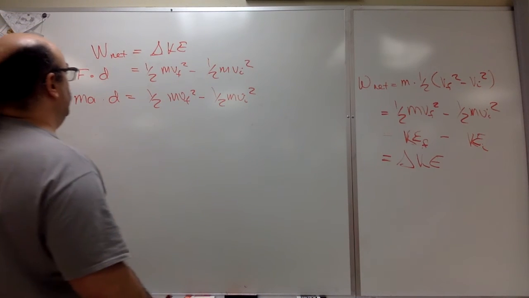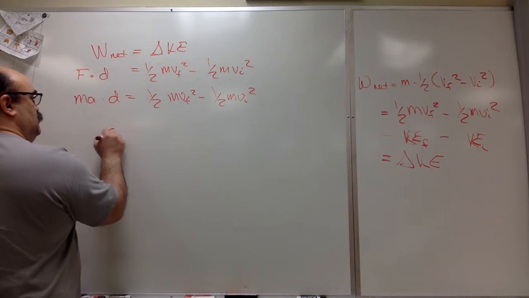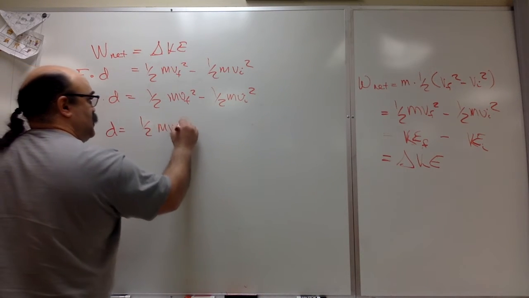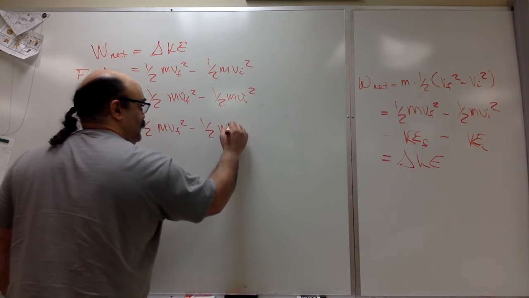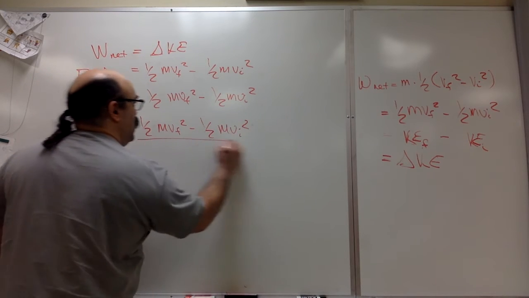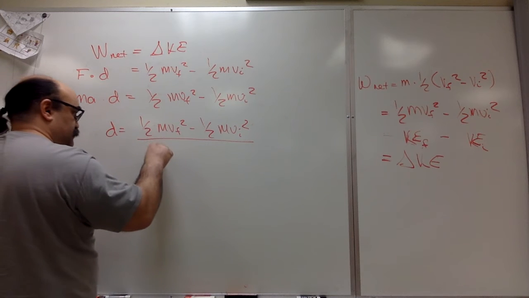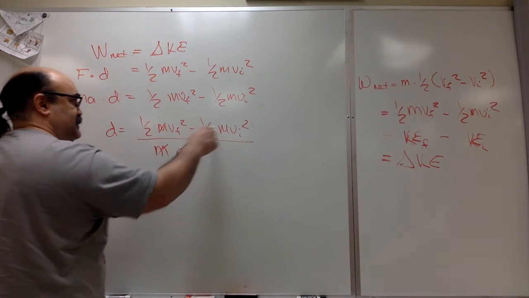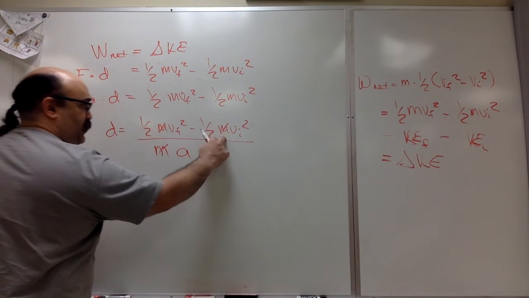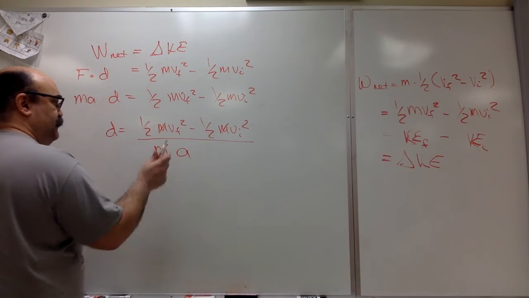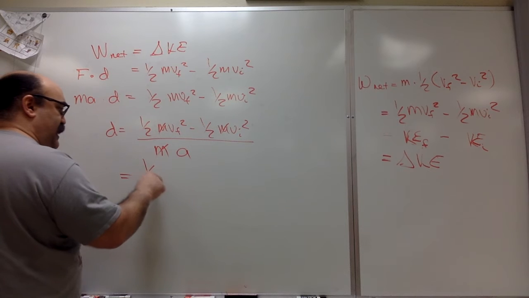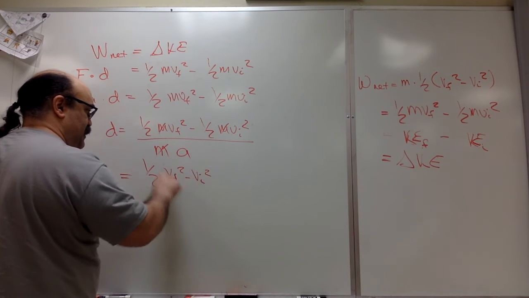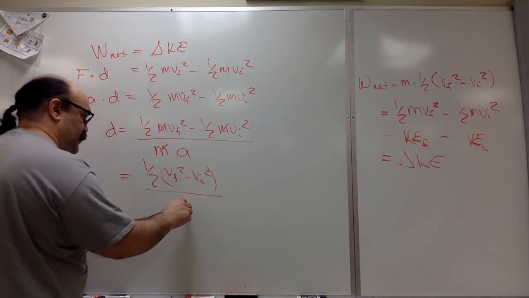If we wanted to solve for d now, d would simply equal 1/2 m v sub f squared minus 1/2 m v sub i squared all over ma. Well, notice, m is going to cancel out. It's a factor of both of these terms, so I could pull it out. So this would equal 1/2 v sub f squared minus v sub i squared over a.